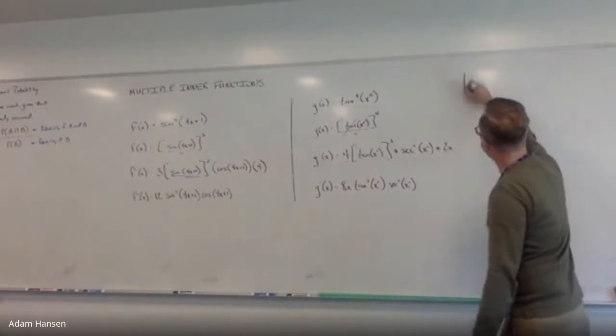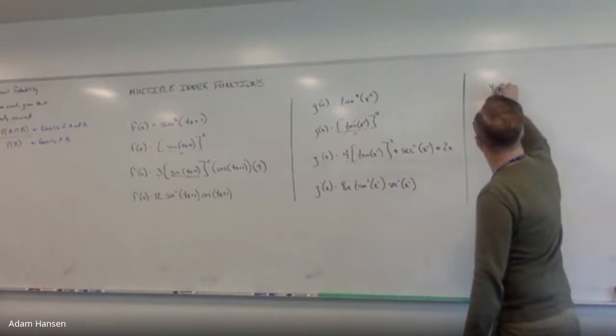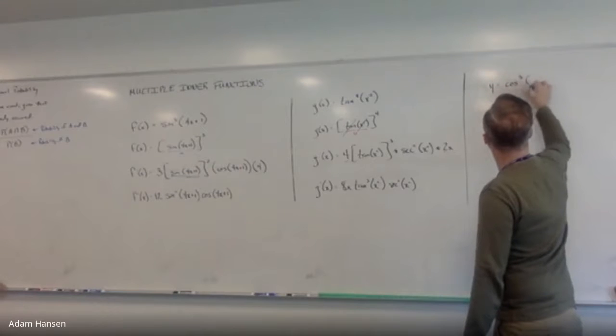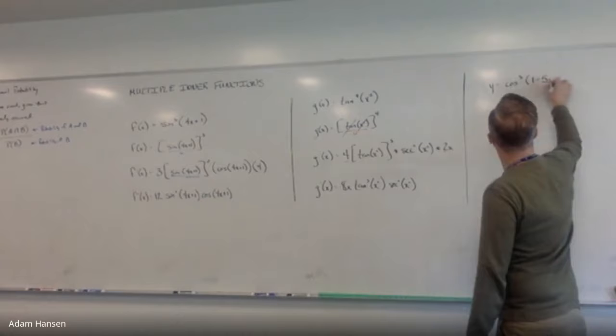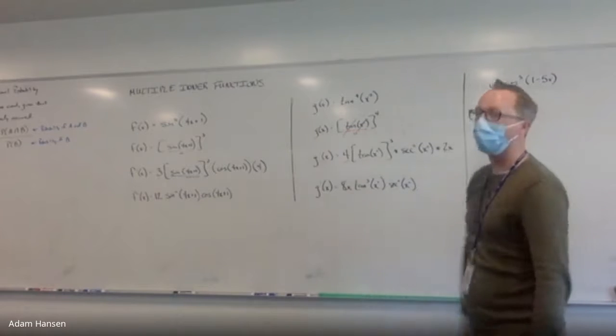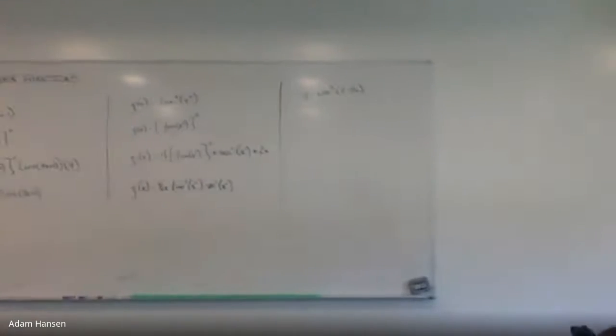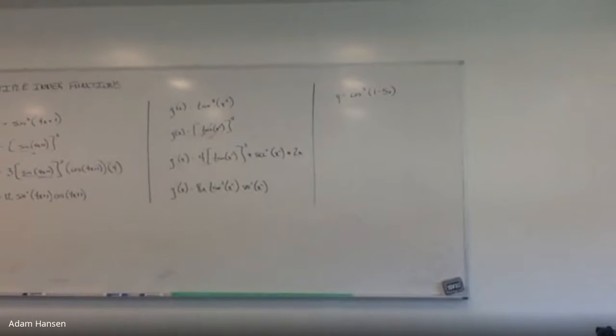I'll have you guys do one more on your own, and then we'll get some practice. Let's do that. Cosine cubed 1 minus 5x, find the derivative.